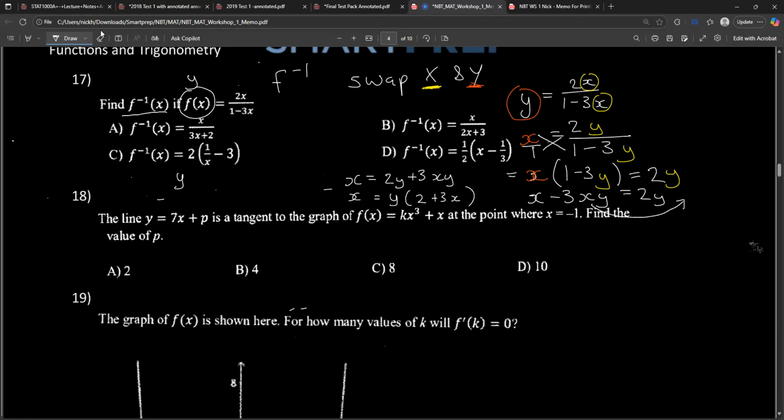Okay, so y is equal to, I divide by 2 plus 3x, you see they would just cancel. And then you get on the other side x over 2 plus 3x.